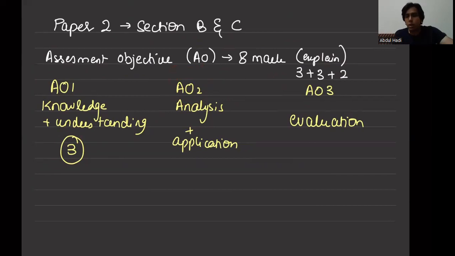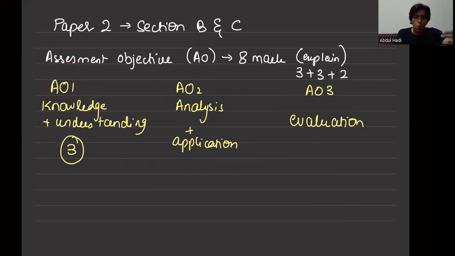It depends on the quality of your answer how many marks you'll get, but you need to include analysis and application to get in AO2, assessment objective 2. So 3 marks only if your answer is in AO1, and 6 marks if your answer has both AO1 and AO2.